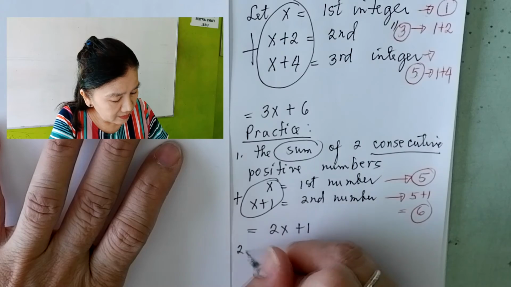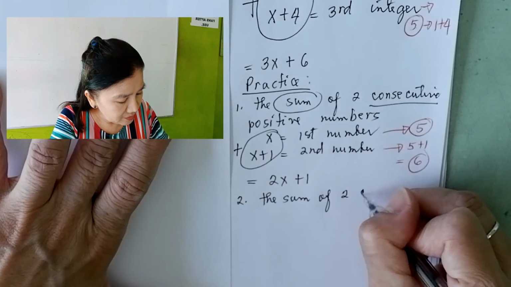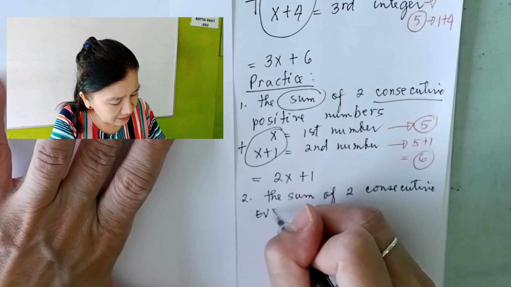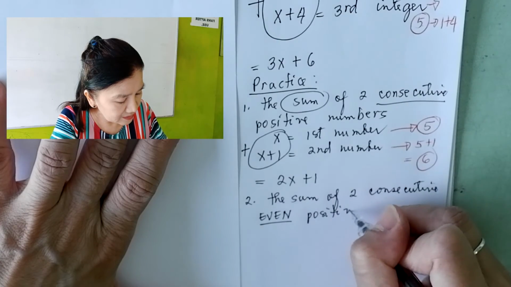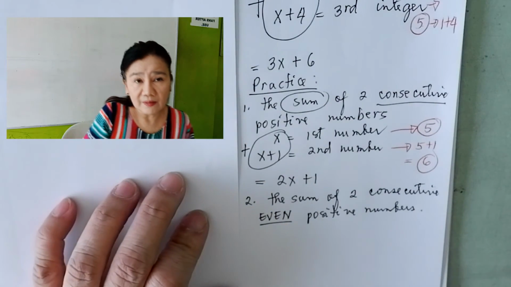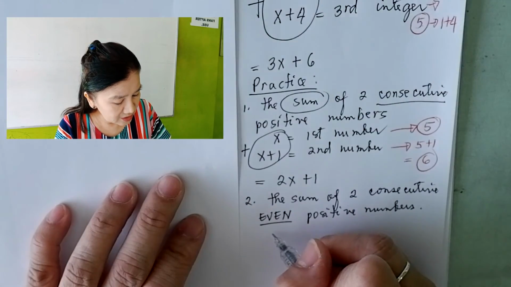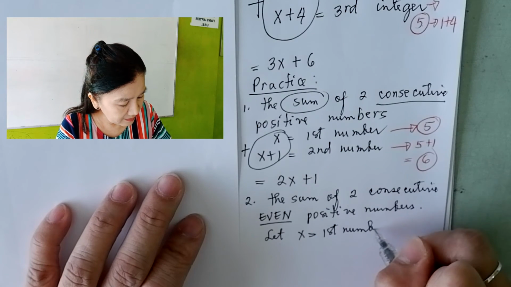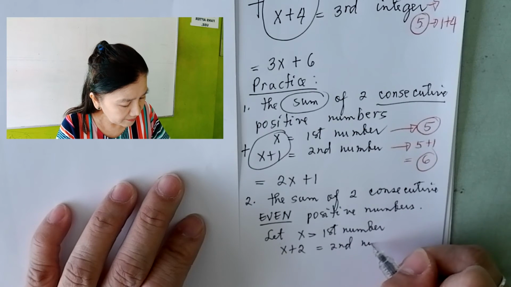What if we are getting the sum of 2 consecutive even positive numbers? How do we get the mathematical translation of this? Now, in this case, you will let x be your first number, and then you let x plus 2 be your second number.